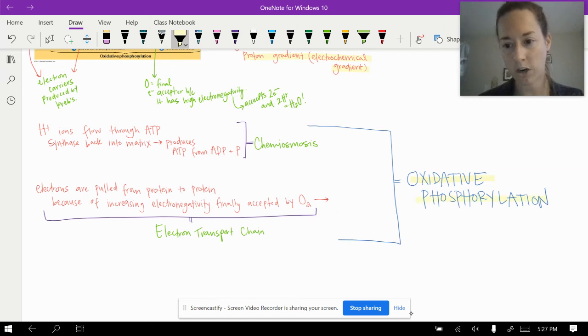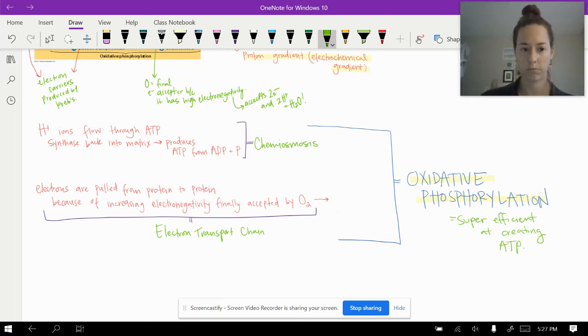And this is what is going to create max ATP. So this is super efficient at creating ATP. And all of this is possible because of the whole process working.